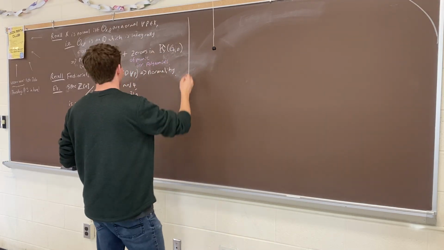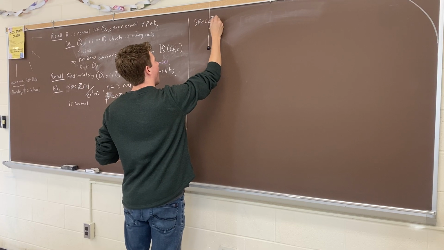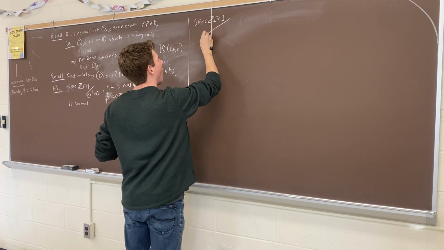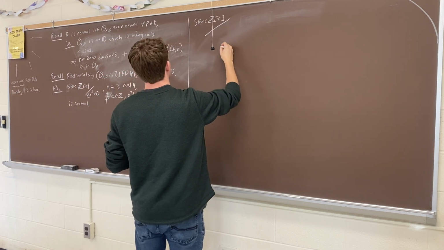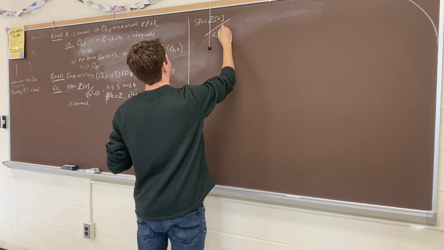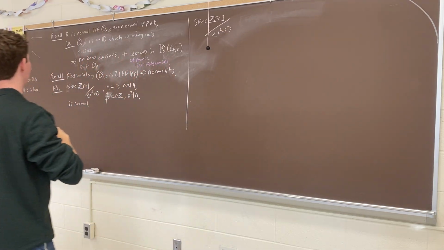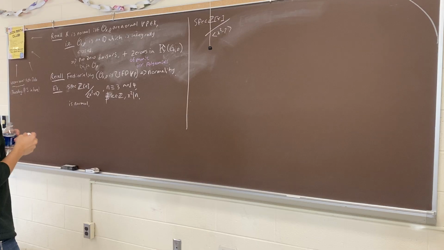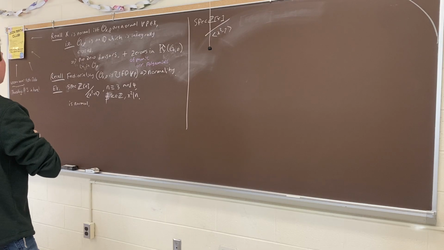Okay, so we're going to say Spec Z[x]/(x² - 7), because 7 mod 4 is 3 and it's prime, is normal.